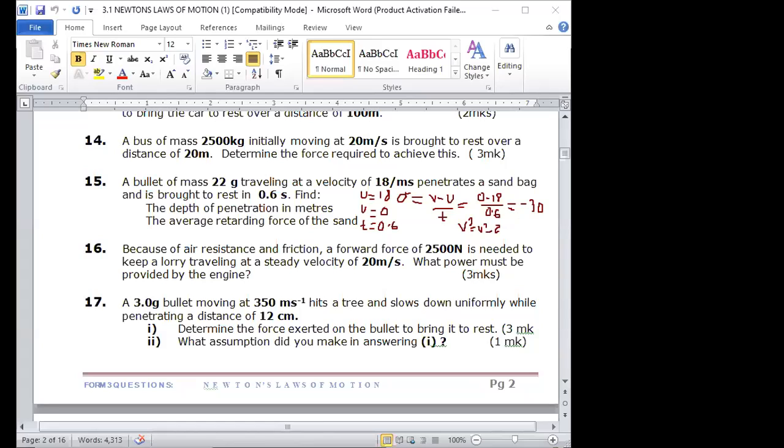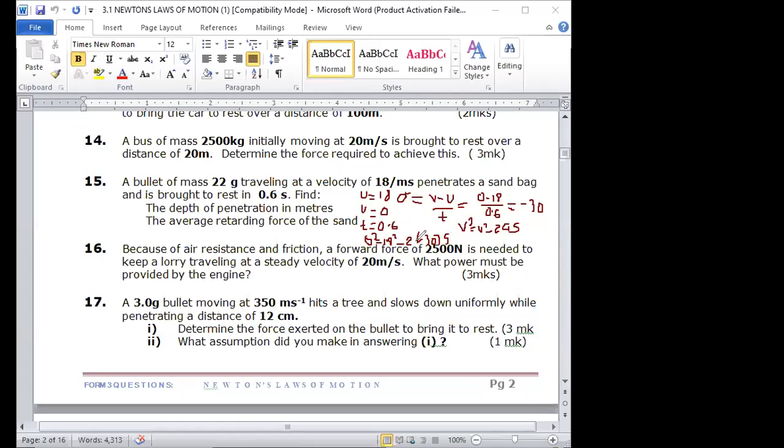You can see I have a problem with power on my side. v squared is 0 squared, so here you have 0 squared equal to u squared, that is 18 squared, minus 2a, and you can see a is negative 30, times s. So negative and negative is positive.